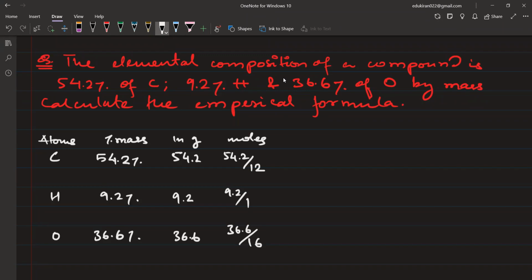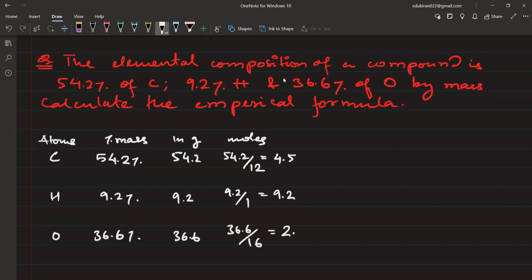So 12 4s are 48, remaining 62, so 4.5 and 4.51 something will be there. This will be 9.2 as it is. Now 16 2s are 32, and remaining is 4.6, right?